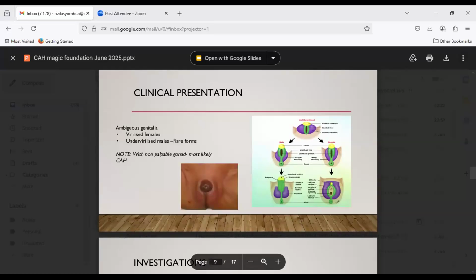So whenever you get a child with ambiguous genitalia, like the one shown on this diagram, if you palpate what would look like labia or hypoplastic scrotum, and you don't palpate any gonad there, most likely you'll be dealing with CAH. Next.